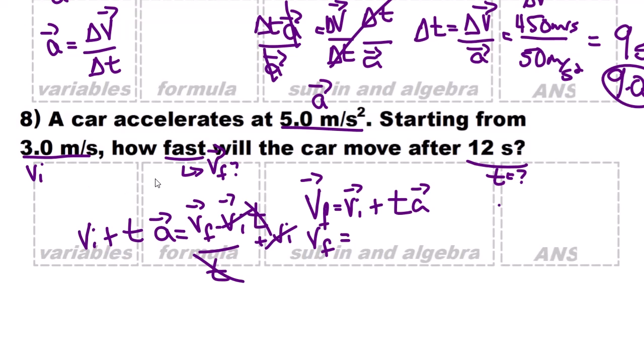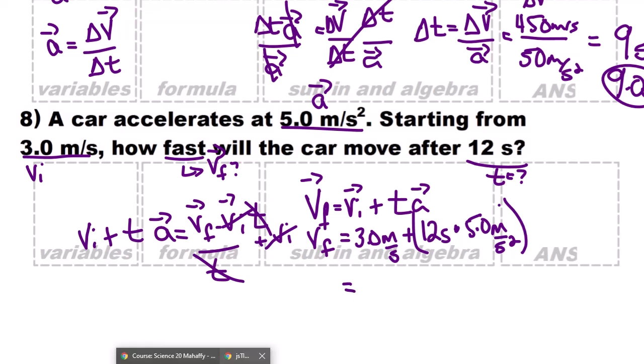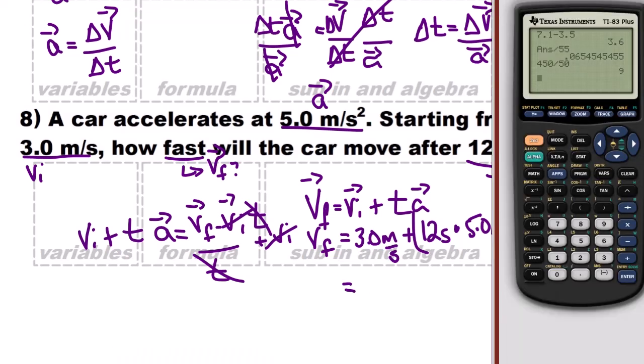So the VF is equal to the VI. So what was that? That was 3.0 meters per second plus my time, 12 seconds, times my acceleration, 5 meters per second squared. Let's plug that in and see what we get. So 3 plus, I'm going to open a bracket, 12 times 5.